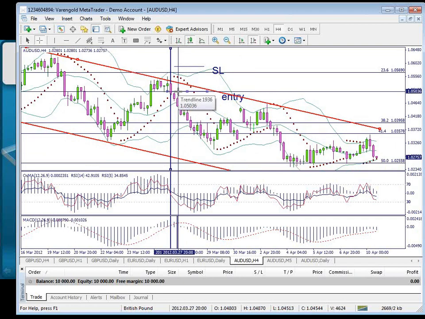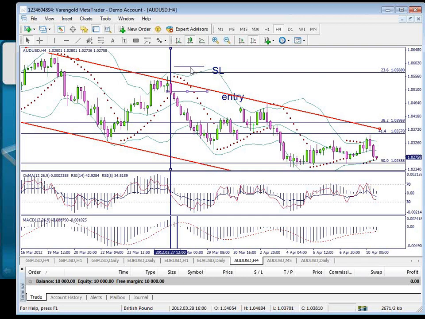So if we are entering here, the next step will be 38.2 and the second target 41.4. We have 107 and 142 pips. And for the stop loss, we have 84.